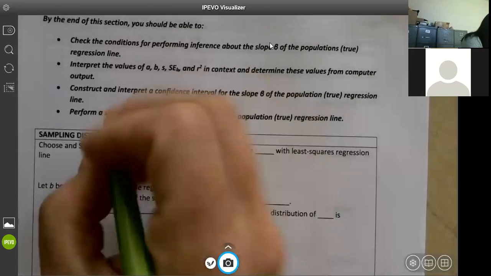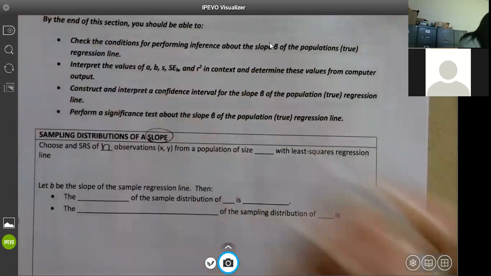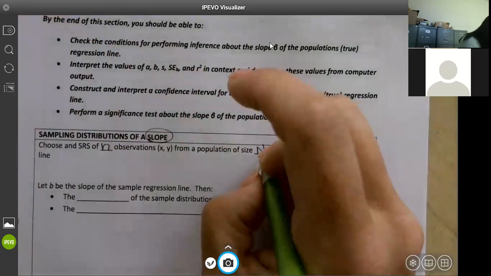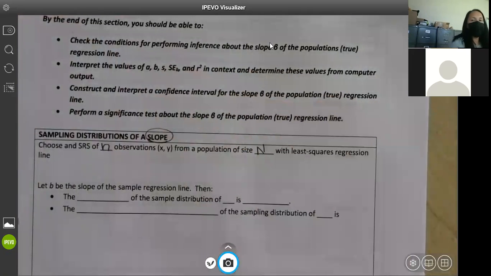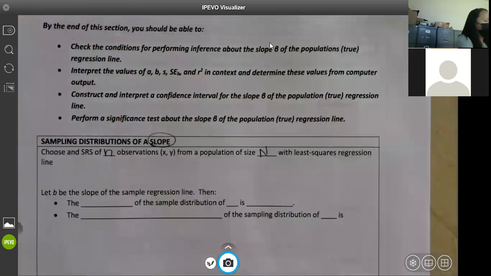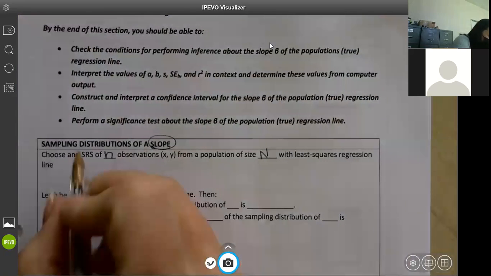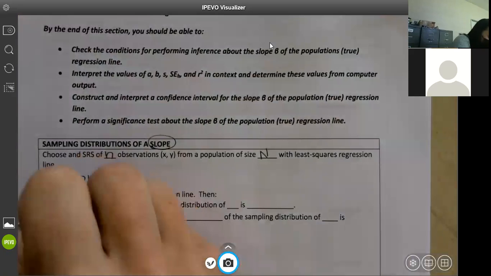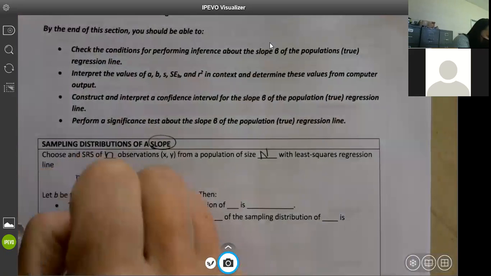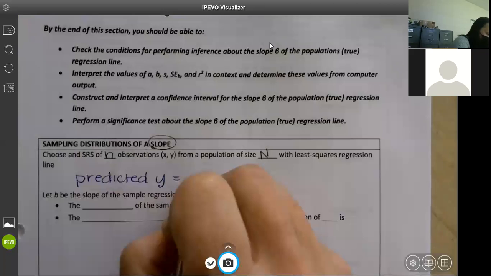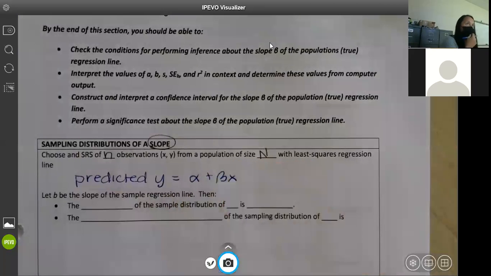Choose an SRS of n observations (x, y) from a population of size N with least squares regression line. Then that line is predicted y equals alpha plus beta x.